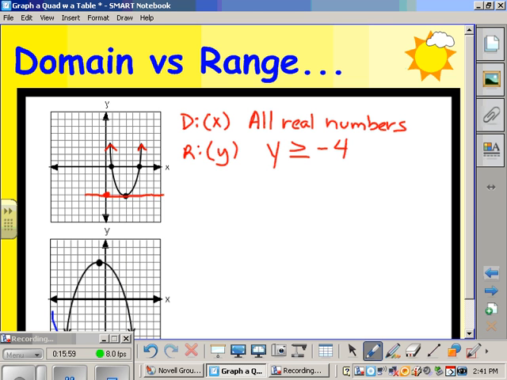Okay, so again, for a parabola, the domain will always include all real numbers for x. There's no limit. But for the range, there will be a limit, and that's based on if there's a certain line the parabola doesn't go below or above, then that will be your limit.